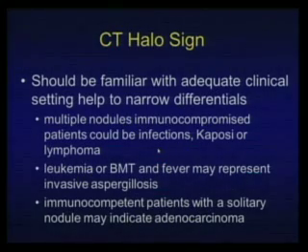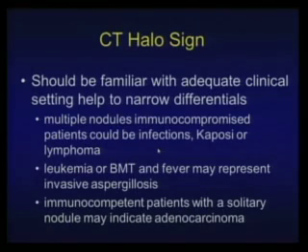If we have multiple nodules and the patient is immunocompromised, and we see a nodule with a ground glass opacity, that could be an infectious process secondary to AIDS, and that could be aspergillosis, or could be Kaposi or lymphoma.